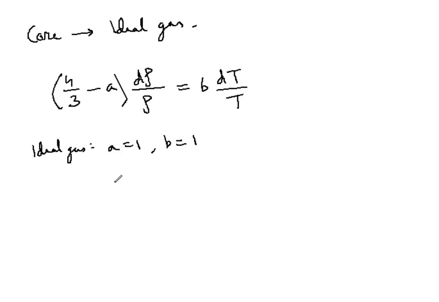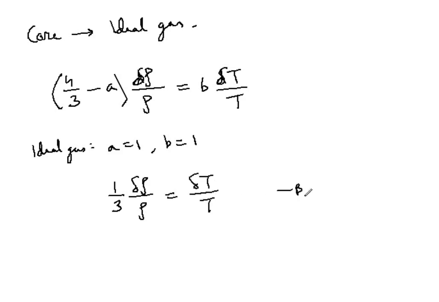So we will get 1 by 3 del rho by rho, which is basically del, equal to del T by T.